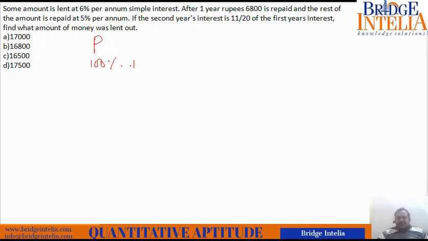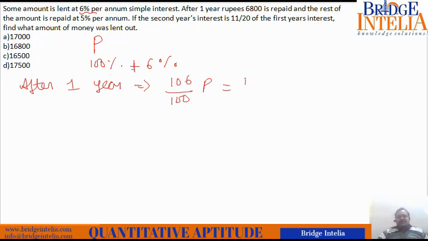Now you have to pay 6% as interest as well. So the final amount that you would be paying would be 106% of P. So after a year, what was the total amount due? 106% of P, so that is 1.06 P. So this was the amount due after 1 year.